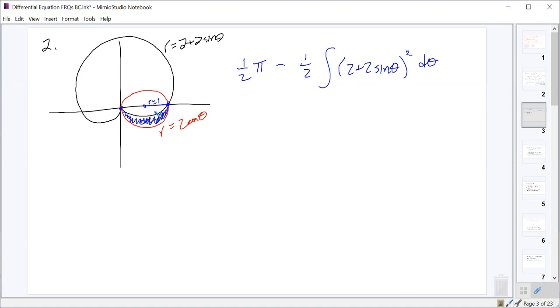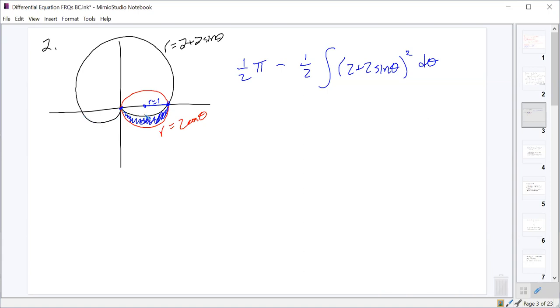If we plug in 0, that starts us here, but this thing's going to go from 0 around this way. If we plug in pi over 2, we should end up way up here at 4. As we come back around, when we get to this value over here, that's pi. 3 pi over 2 should give us 0.